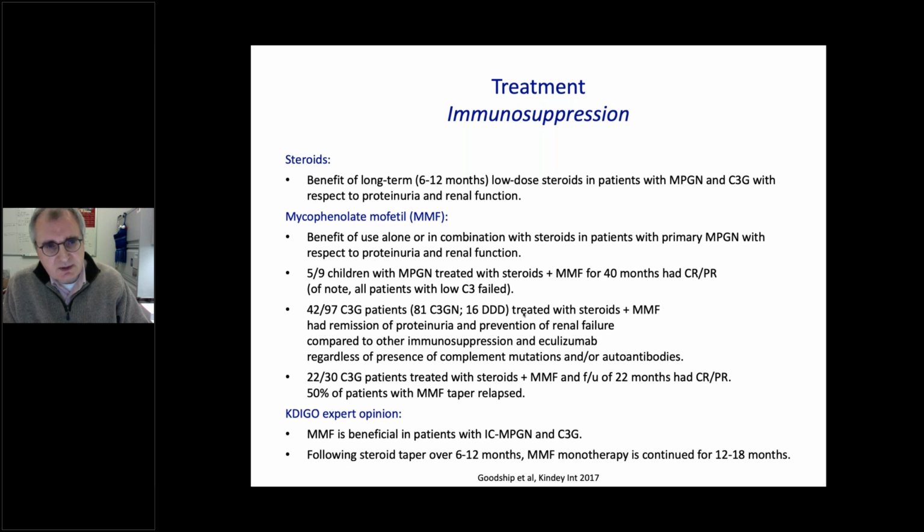There is a documented benefit for long-term, up to 12 months, low-dose steroid treatments in MPGN C3G patients, and the readouts really in those reports are proteinuria and renal function. And the standalone or combination use of MMF plus minus steroids is also documented in the literature, and that includes children.